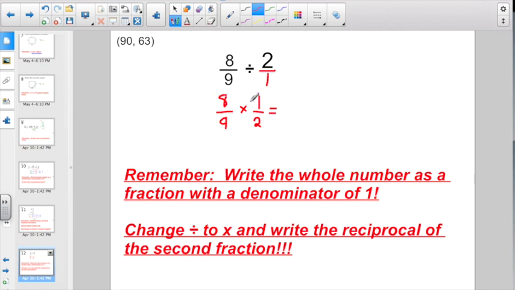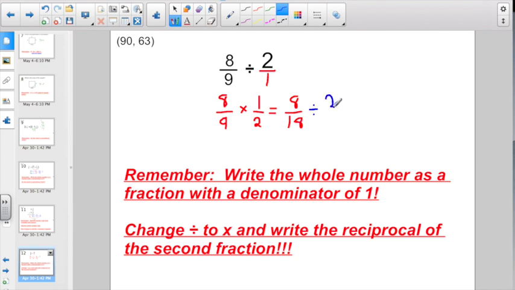Then it's just numerator times numerator, denominator times denominator. So 8 times 1, yeah, that's got to be 8. 9 times 2, that's going to give us 18. But don't leave a fraction with a pair of even numbers. That means I can reduce it. What's the biggest number I can divide into both 8 and 18?